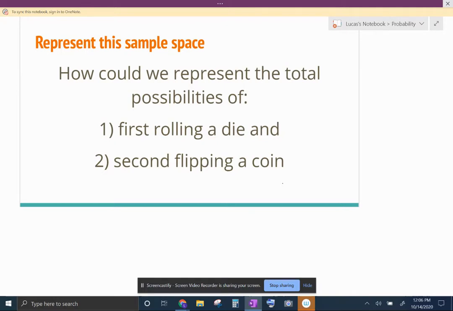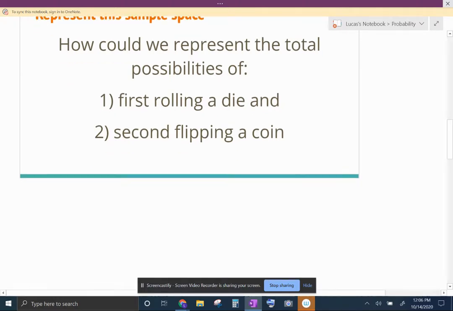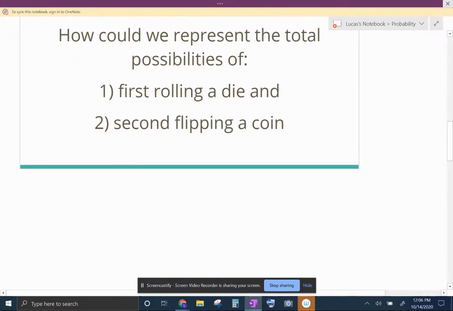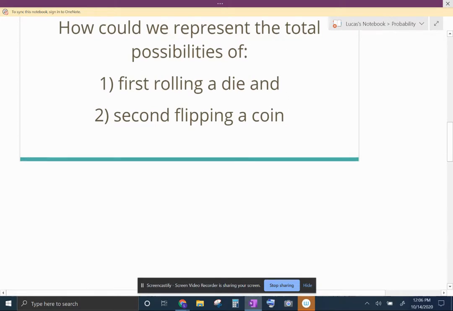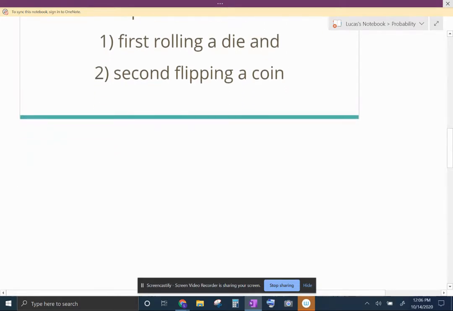All right. So hopefully you have paused the video and you've tried that. And I'm going to show you a way. So first thing we're doing is rolling a die. So the first thing that could happen is I could roll a 1. And if I roll a 1, I can flip a heads, or I could roll a 1 and flip a tails, right?